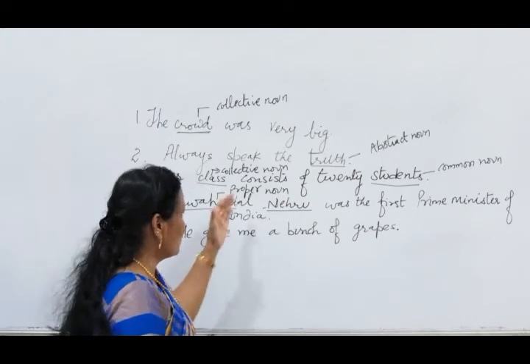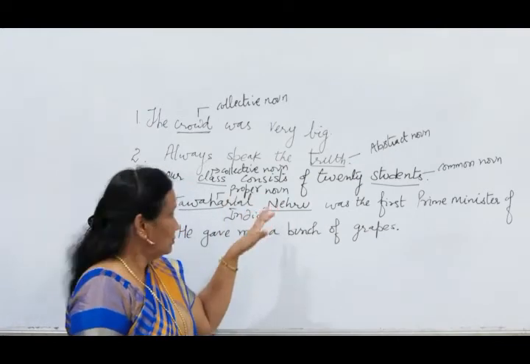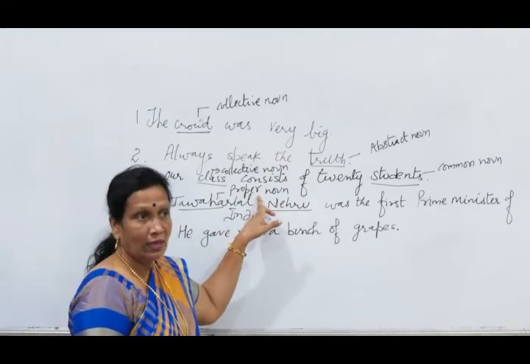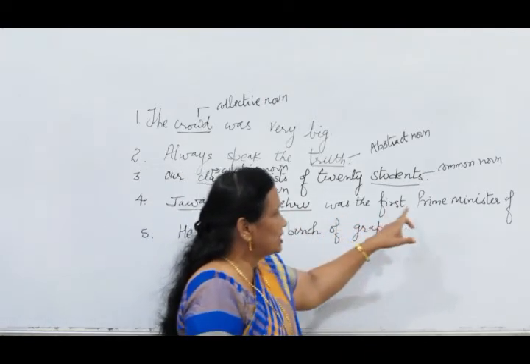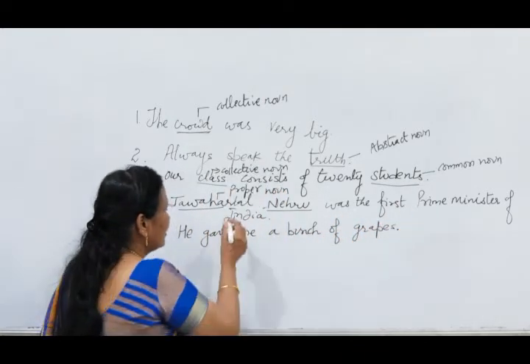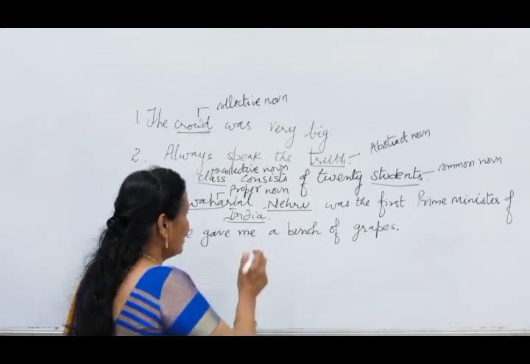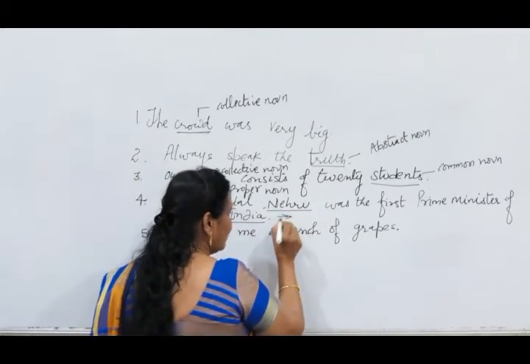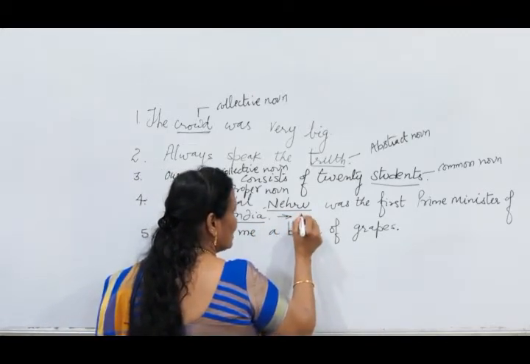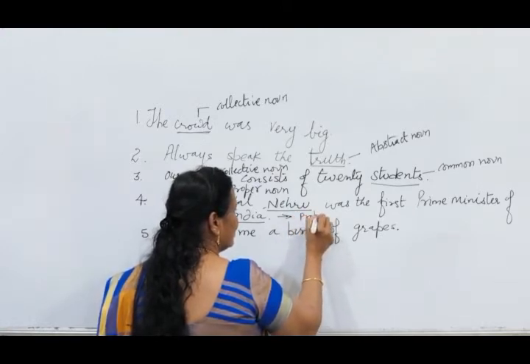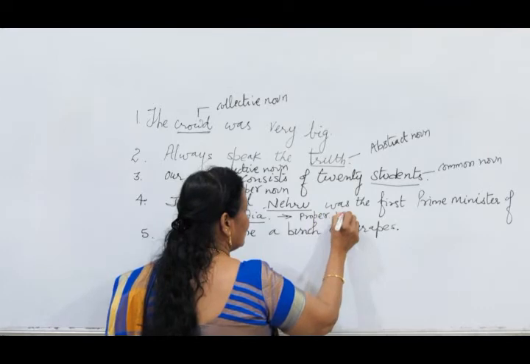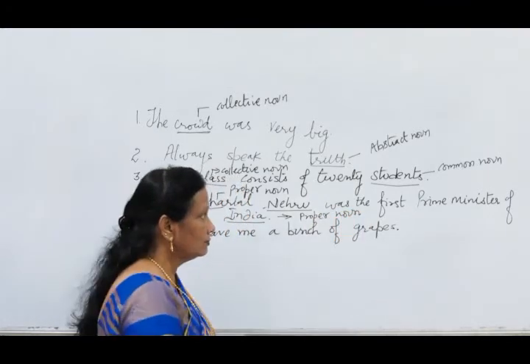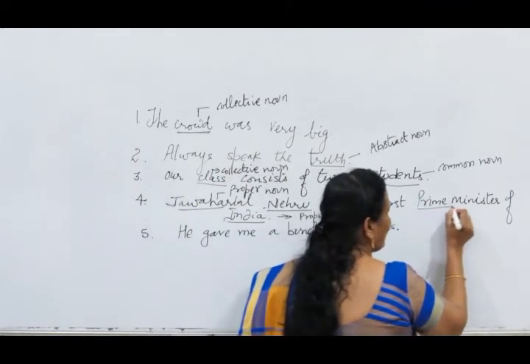Okay? Jawaharlal Nehru is a proper noun. Now, was the first Prime Minister of India. So India is the name of a particular country. So again it is a proper noun.